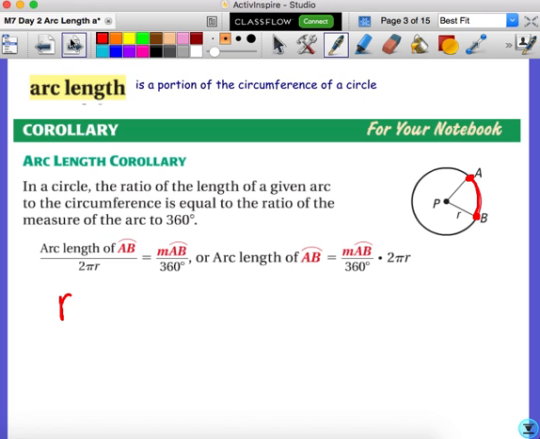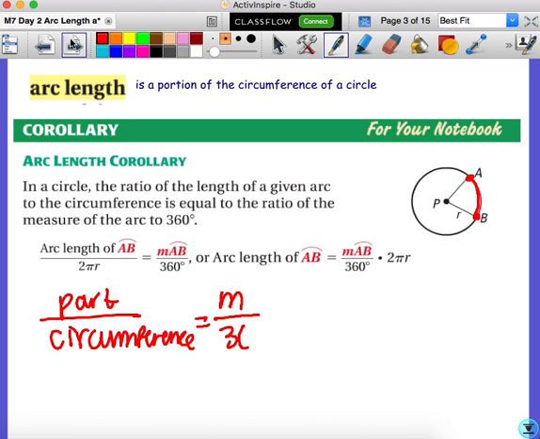You can think through the part of the total equals the measure out of the total. We can set up a proportion and cross multiply.